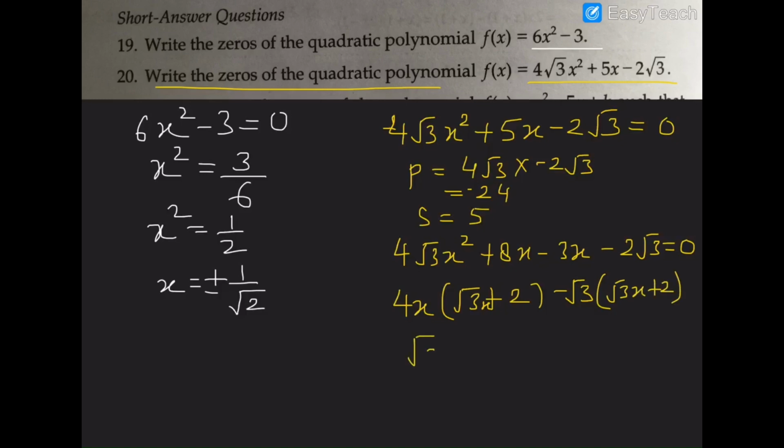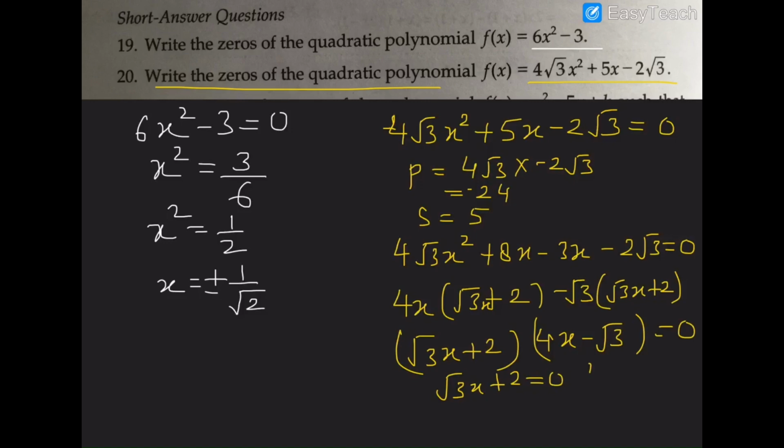So root 3 x plus 2 and 4x minus root 3 equals 0. So root 3 x plus 2 is equal to 0 and 4x minus root 3 is equal to 0. So x comes out to be minus 2 by root 3, and here x comes out to be root 3 by 4. So these are the zeros of the polynomial.